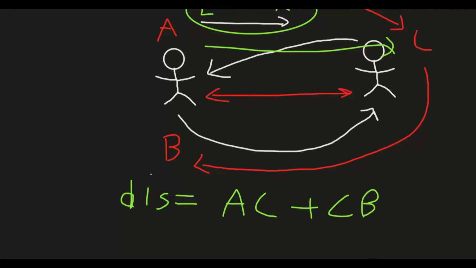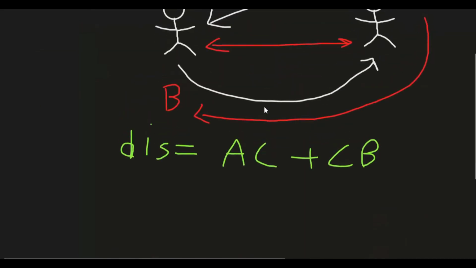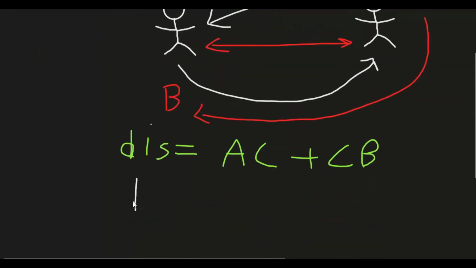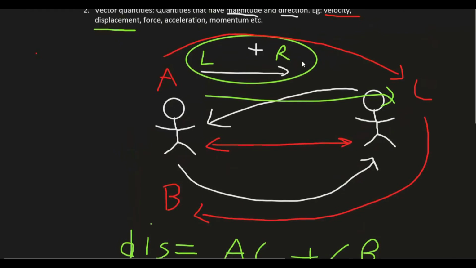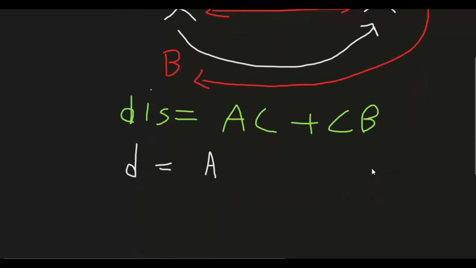But what about his displacement? If I were to measure the total displacement, remember that displacement is a vector quantity, it has a magnitude and it has a direction. So if my friend traveled from A to B, let's see. His first displacement was from A to C, so we will write AC, and we do know that AC and CB are similar, right?